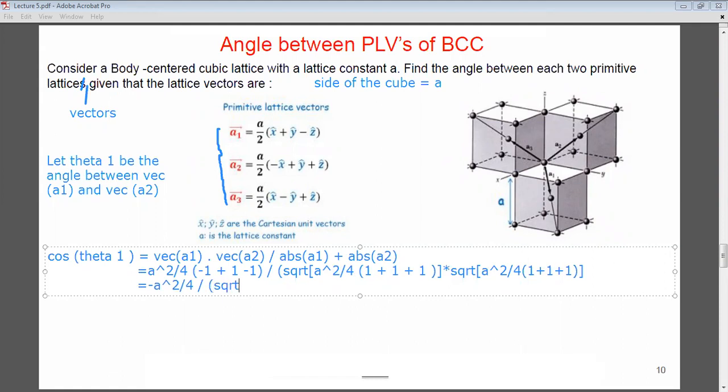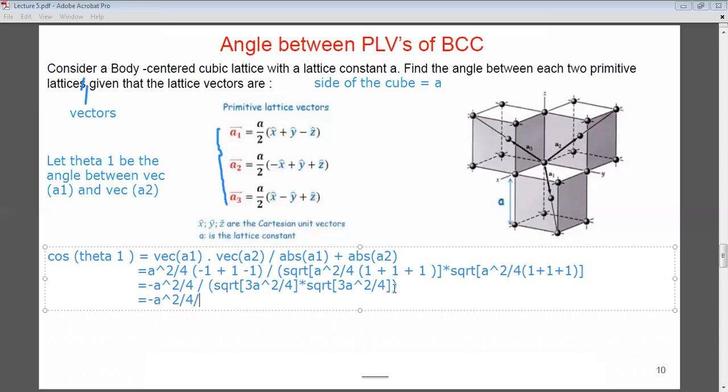So this is a square root of 3a squared over 4 times square root of the same thing, 3a squared over 4. And this gives me minus a squared over 4 divided by square root of 3a squared over 4 times the square root of 3a squared over 4.